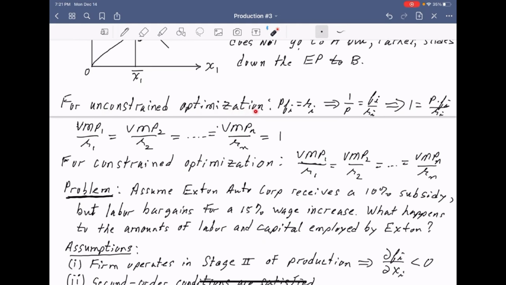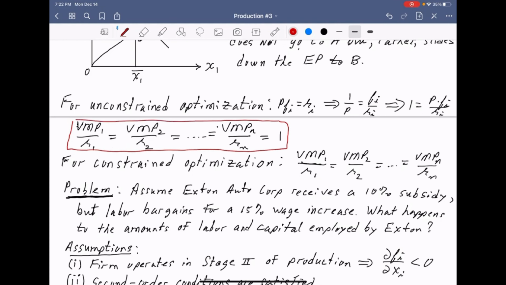For the unconstrained optimization, we get that price times marginal product of i is equal to Ri. We can rewrite that by going 1 over P is Fi over Ri, which implies that 1 is equal to P times Fi over Ri. So in an equilibrium, an unconstrained equilibrium would result in this particular set of conditions.